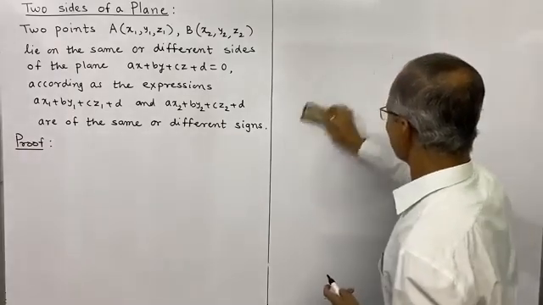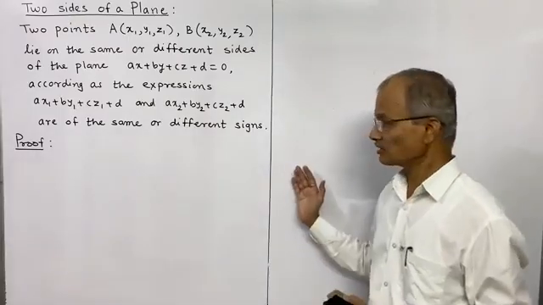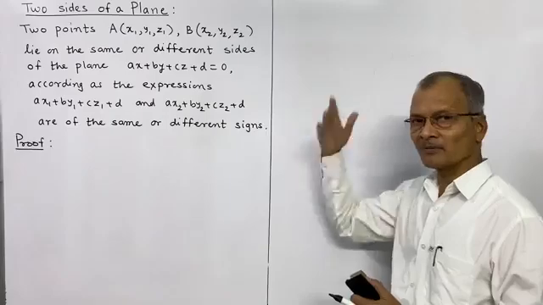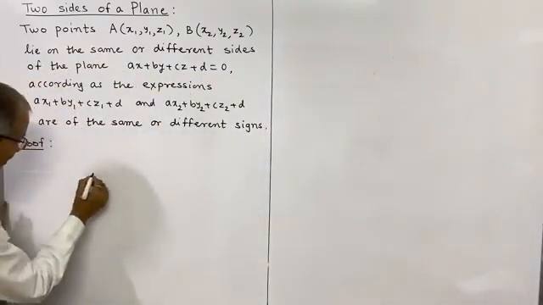Now we will come to the content of this lecture, that is, two sides of a plane. If we consider a plane, then that plane will have two sides. So this board is a plane, and its two sides will be the front side and the back side of the board.